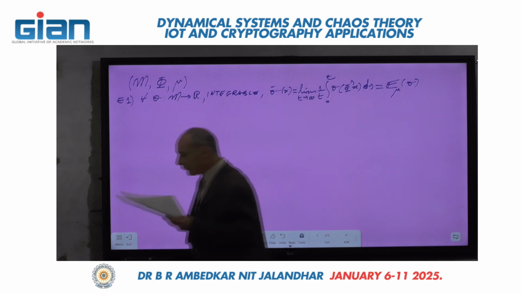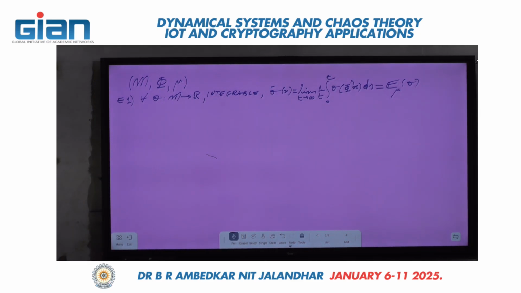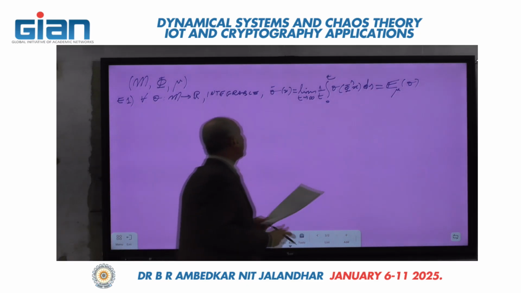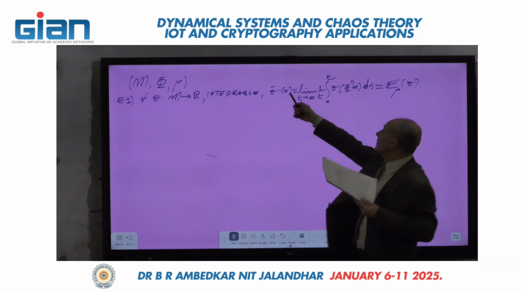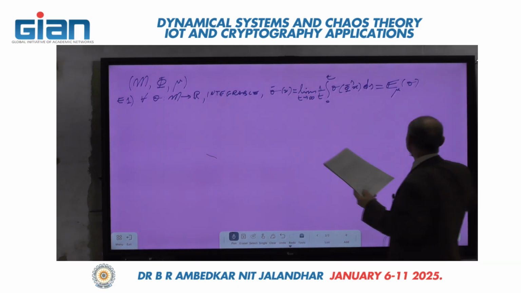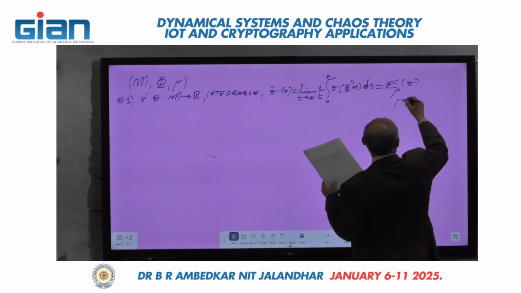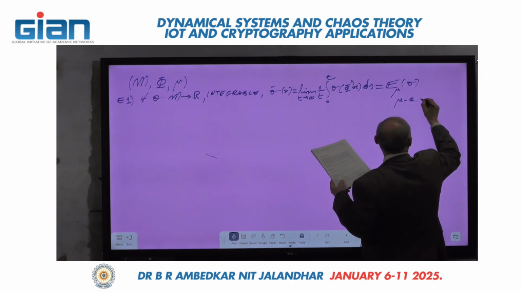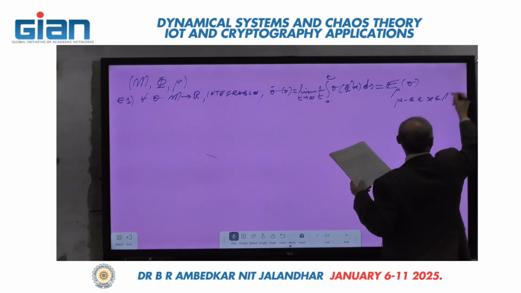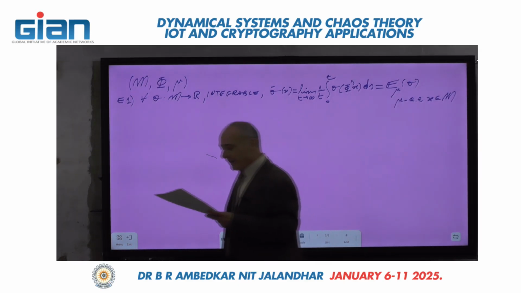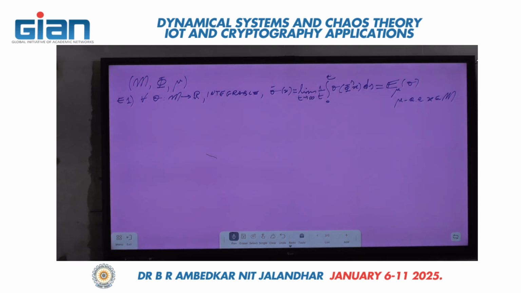Now, I think we already did this question in the first class. This cannot be true in general for all x, because the left side depends on x, and the right side does not depend on x. So we have to say mu almost every x in M. Okay? This is the first property, E1.